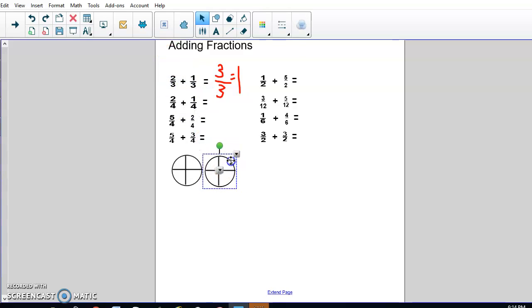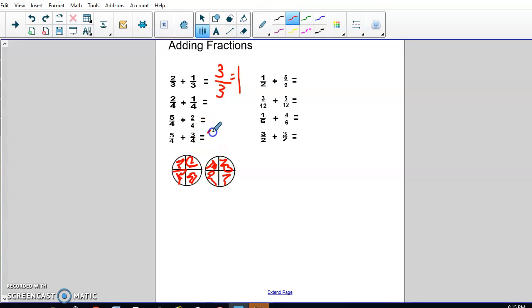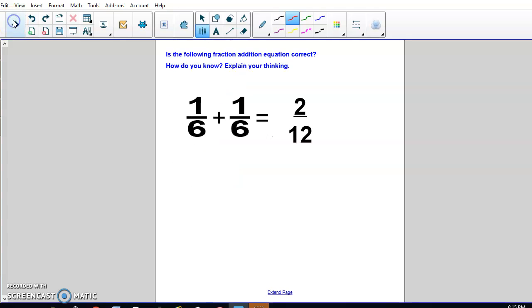Okay. So 5 quarters would be 5 of these sections shaded in. So 1, 2, oh, I can shade really well with my mouse, can't I? 3, 4, 5. So I already am in a mixed number because I need a whole and a little bit more. And then 3 quarters. If I shade that in, what I end up with is 2 wholes. All right, so that's sort of what we're trying to get through here.